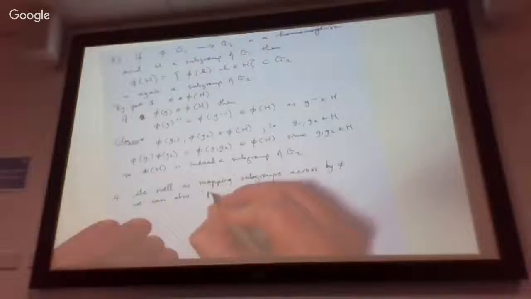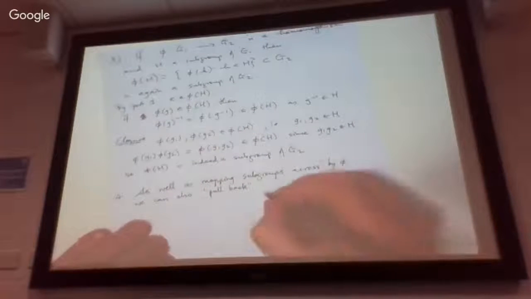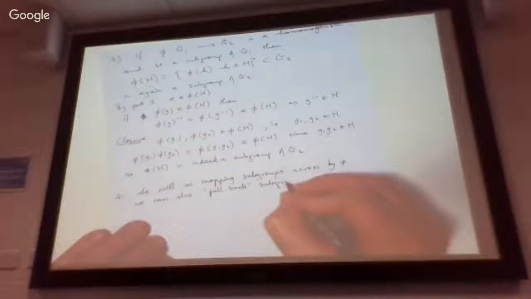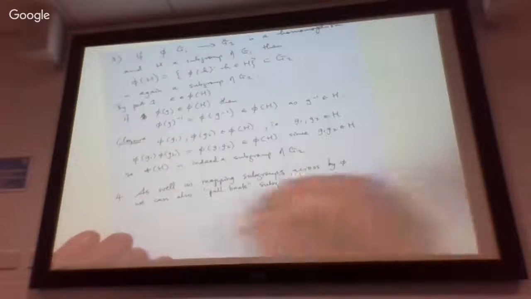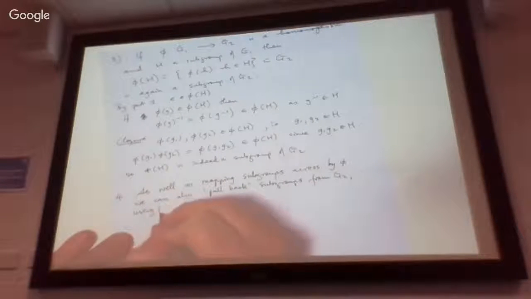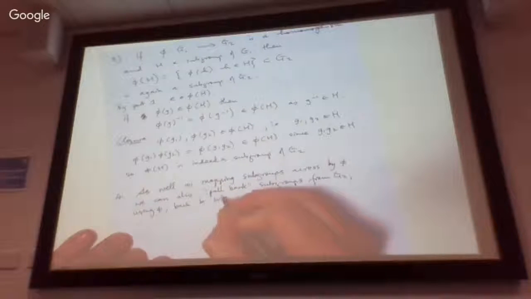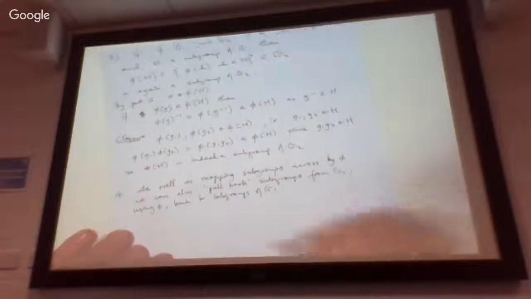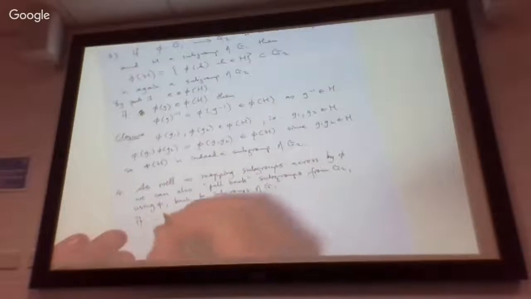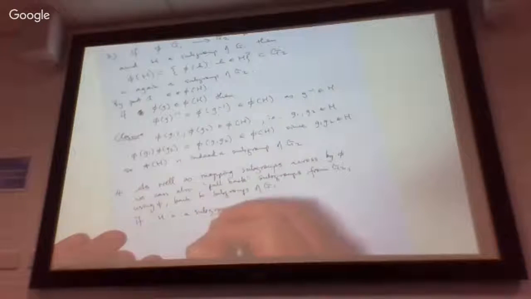Pull back is a technical term which people use. Pull back subgroups from G2 using phi back to subgroups of G1. So in other words, if, does he use H? Yeah, he uses H. So if H is a subgroup of G2.